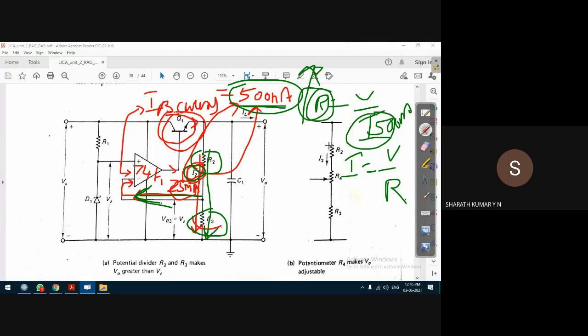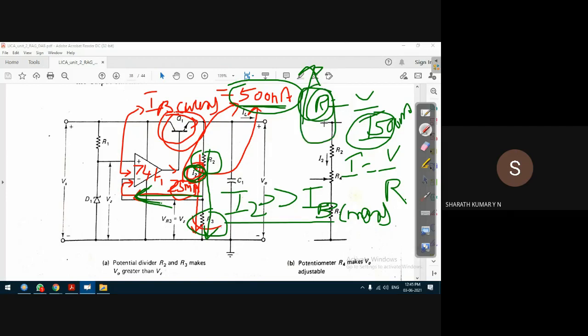Moreover, we have a limitation in terms of resistance because it will increase the current dissipation in the circuit. Hence, we have to assume this current I2 to be greater than IB max, so that the current is larger and the resistance requirement is smaller.